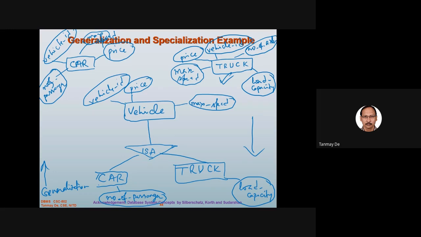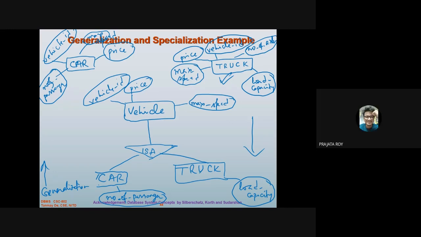The car and truck are the two lower level entity sets, and they have some commonality: the vehicle ID, price and max speed. These features of the higher level entity set vehicle are shared by both lower level entity sets, car and truck, although some different descriptive attributes may be present.